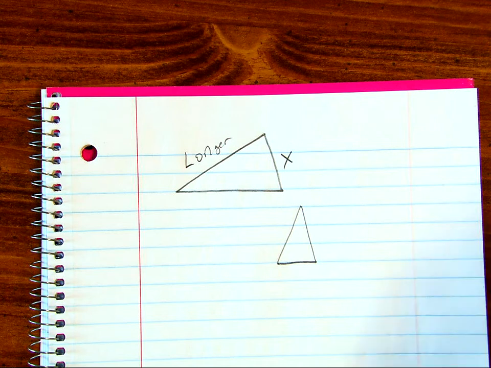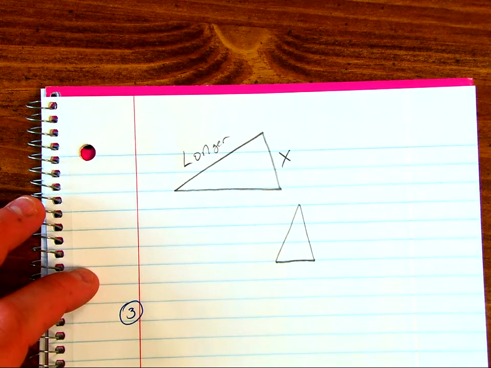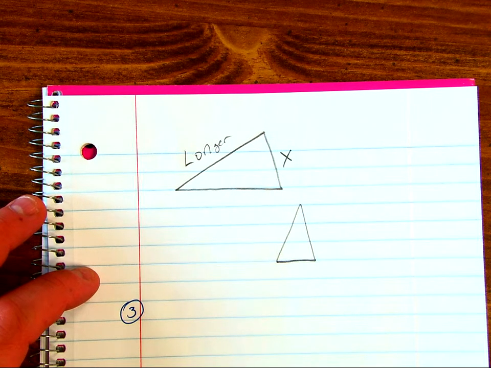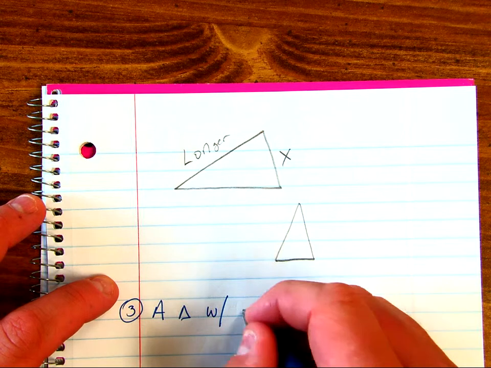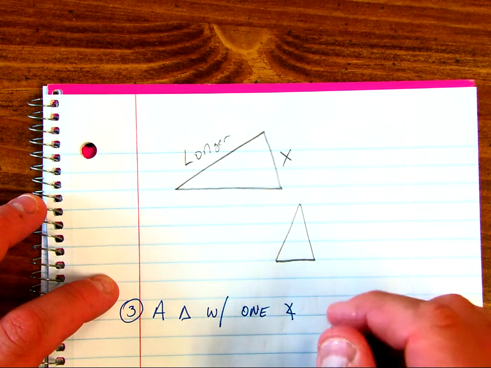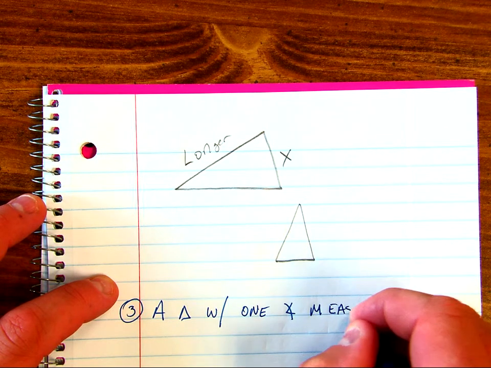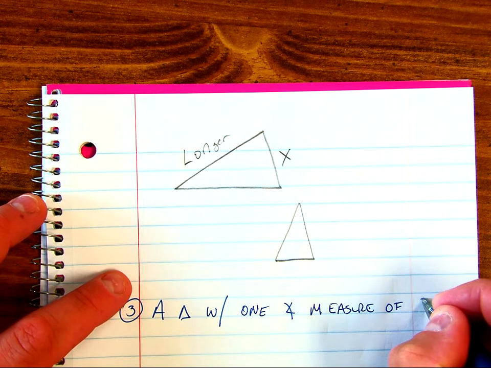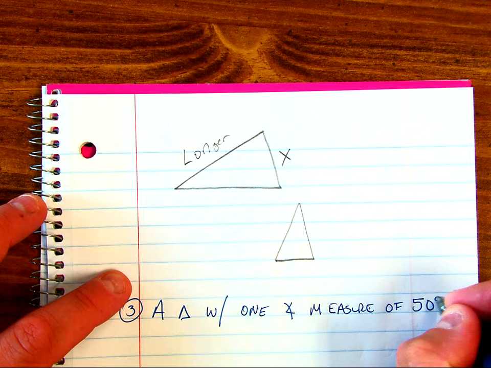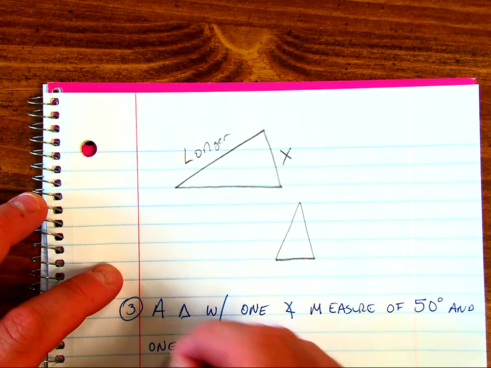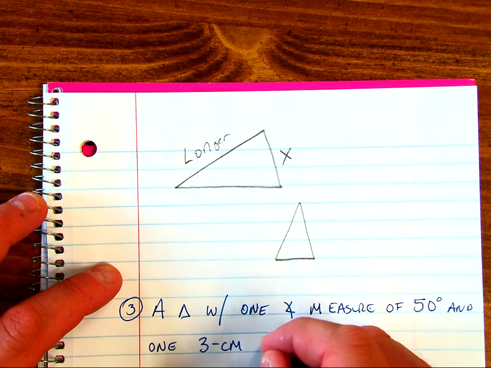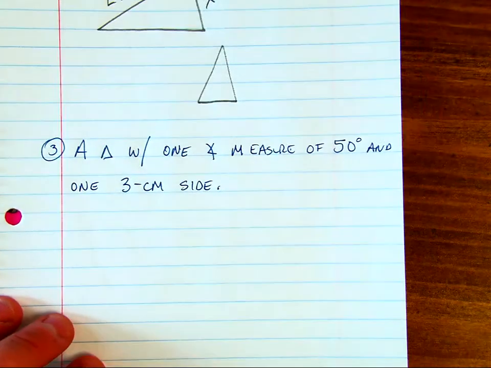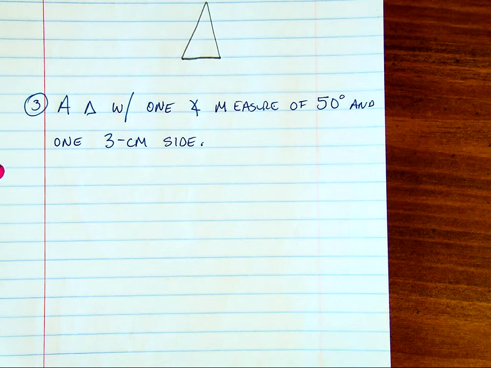Remember, we're still constructing triangles. So now we are going to construct a triangle with one angle measure of 50 degrees and one 3 centimeter side.